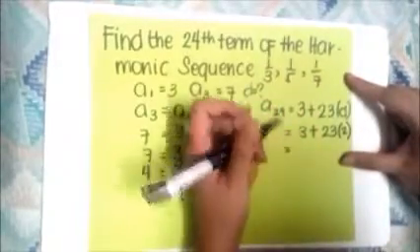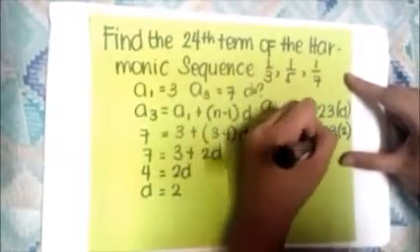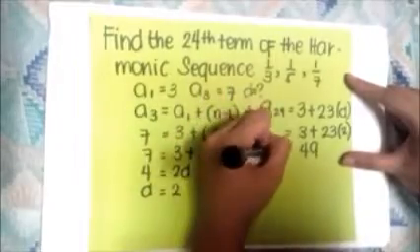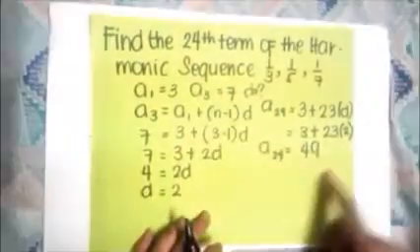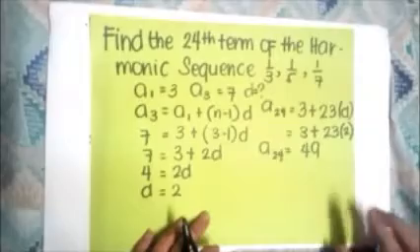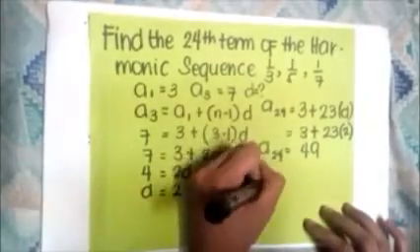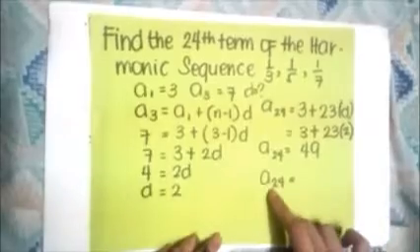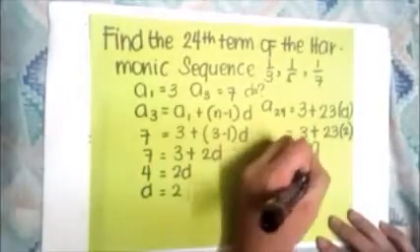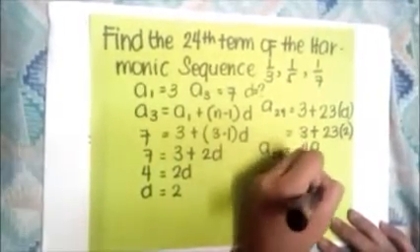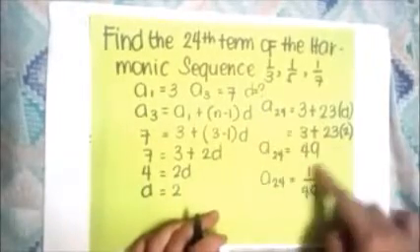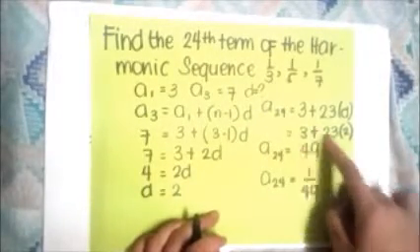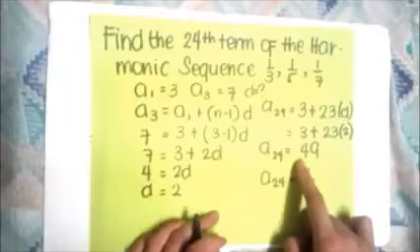So we have now 49. Since this is an arithmetic sequence, we should use a sub 24. A sub 24 of the harmonic sequence must be 1 over 49. We reciprocate the value of the arithmetic sequence.